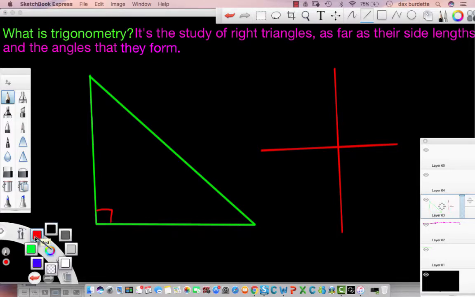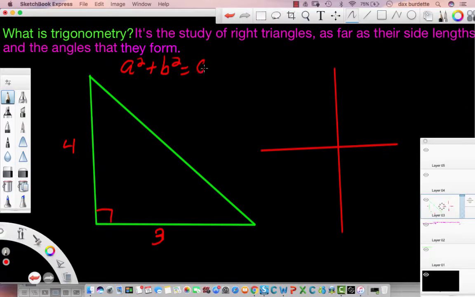If I had a side length of 3 here, leaving the units off, and this side was 4, then we can find the missing side using the Pythagorean theorem, which is a squared plus b squared equals c squared, where a and b are the legs of your right triangle and c is the hypotenuse.